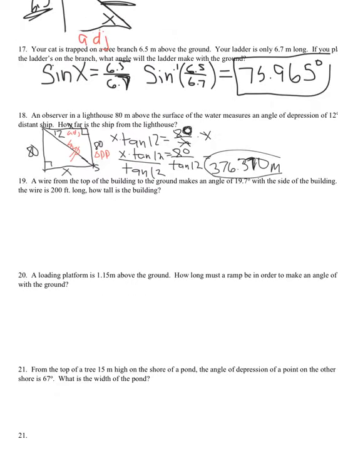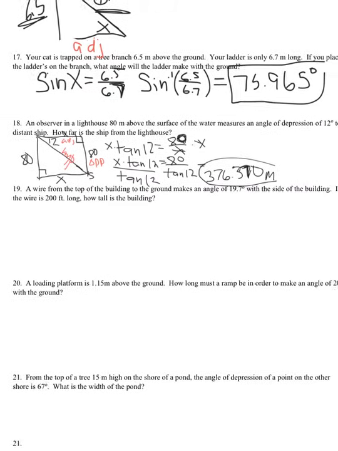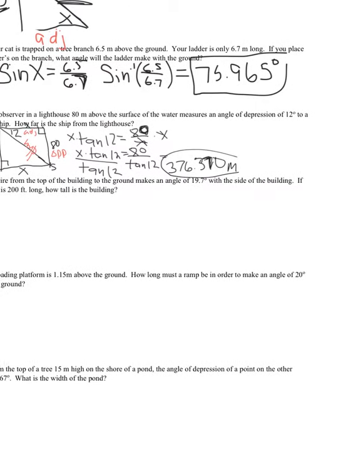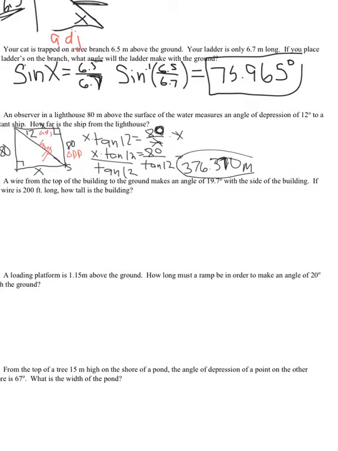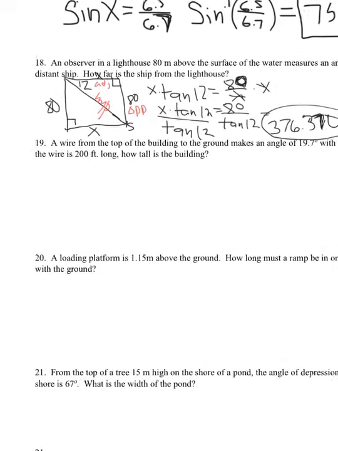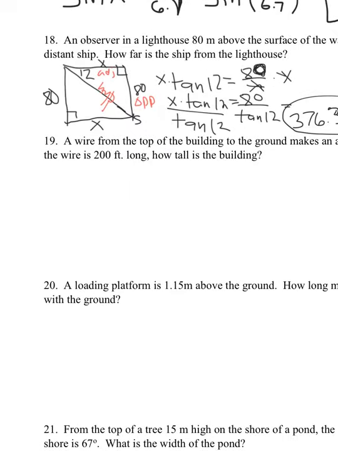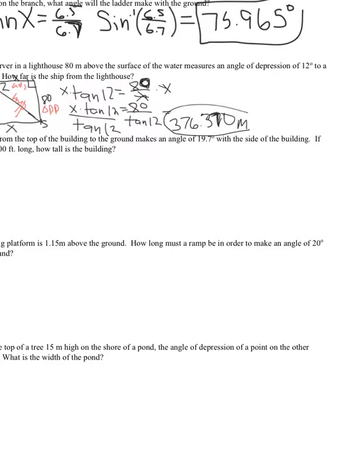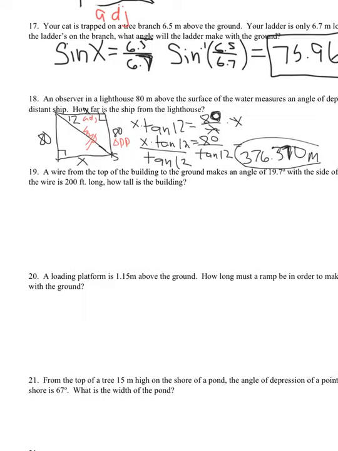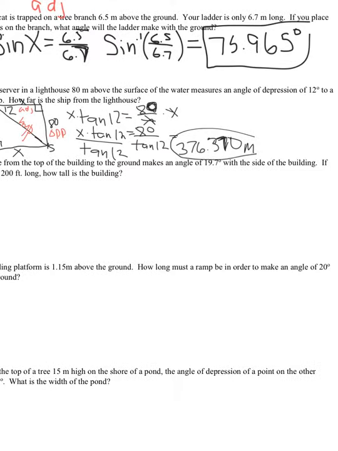A wire from the top of the building to the ground makes a 19.7 degree angle with the side of the building. The wire is 200 feet long. This problem was actually on your quiz. And notice that it doesn't say angle of depression. I do actually want you to pay attention to that. This one does say with the side of the building.